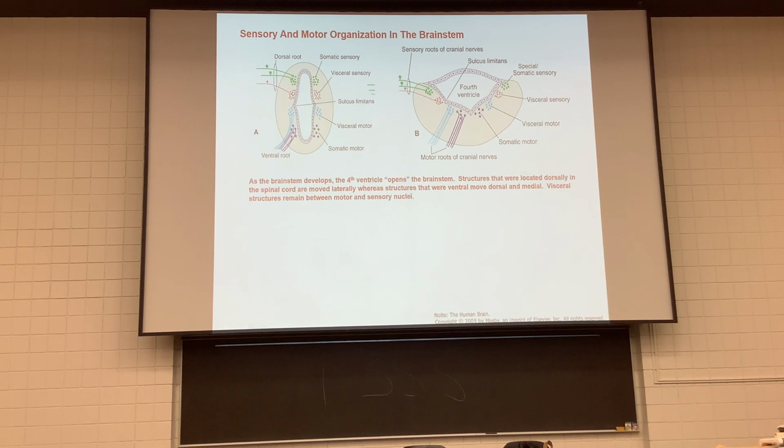And then here's your first really important thing to keep in mind. If we are looking at structures that are located primarily along the dorsal surface of the medulla, pons, or midbrain, the odds are that's going to be related to the cranial nerves.